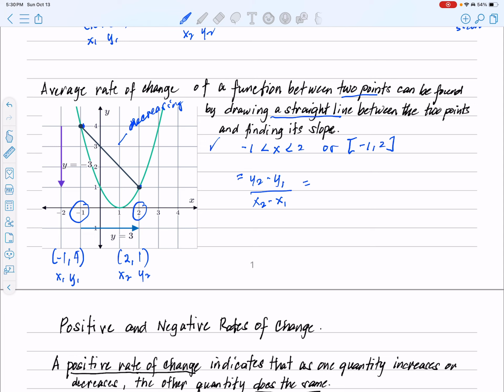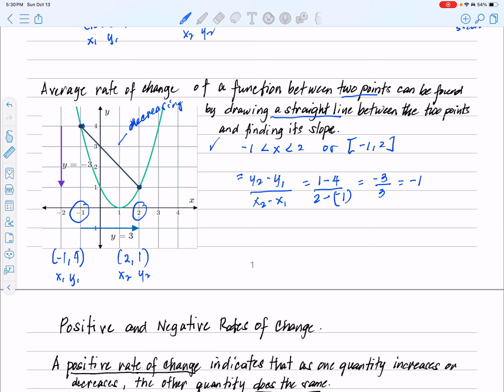Y sub 2 is 1 minus y sub 1 is 4. X sub 2 is 2 minus x sub 1 is negative 1. So that would be negative 3. 2 plus 1 will become positive 3. So the average rate of change is negative 1.